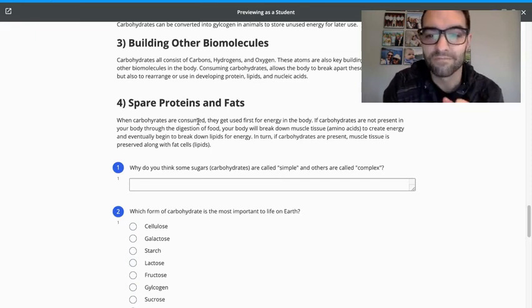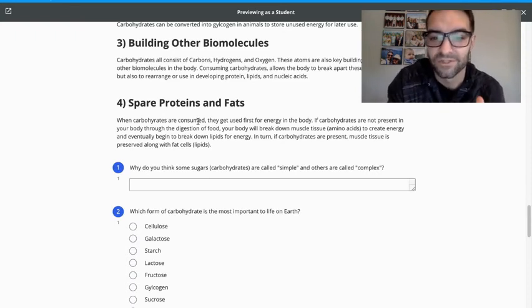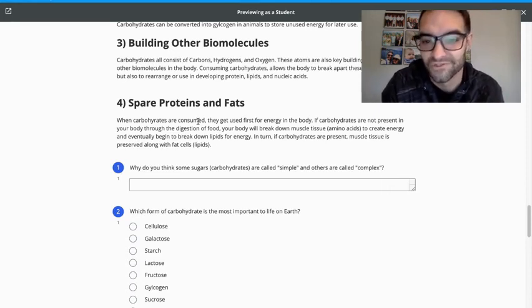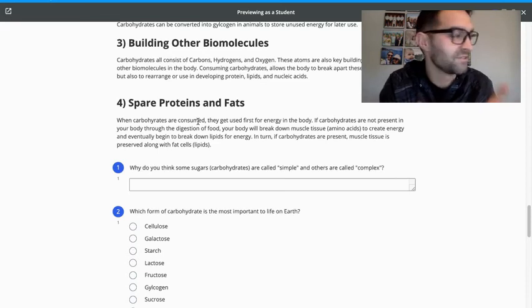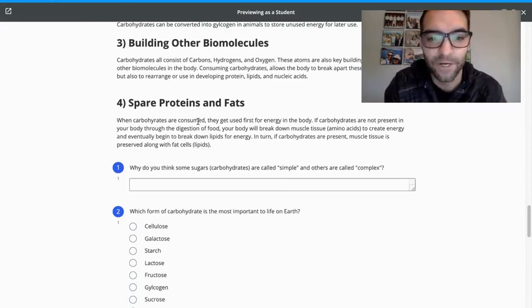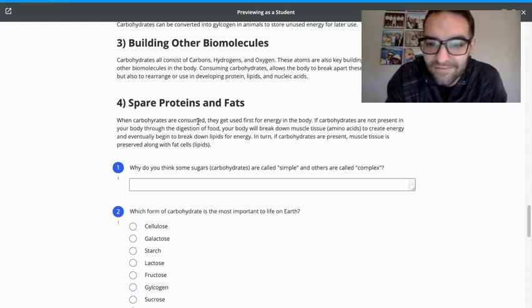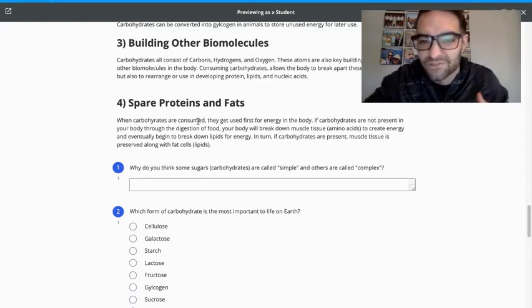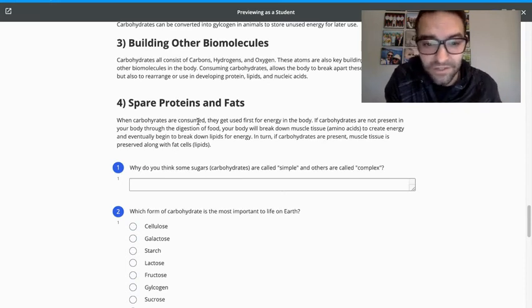Most people don't want their muscles to be broken down and weakened. We want our muscles to be as strong as possible, so that we can walk without having sore muscles, right? We can lift whatever we need to lift, and that's going to be different for athletes or non-athletes. But for the most part, no one wants to have sore, achy, weak feeling muscles. You want to feel like you can do what you want to do.